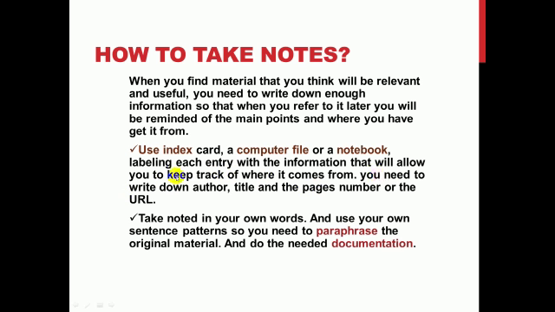So you have to keep track of where this piece of information comes from. You need to write down the author, the title, and the page number or the URL link. These are the main points that you have to write down as a note.